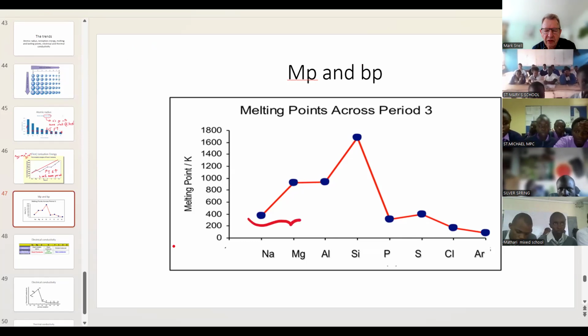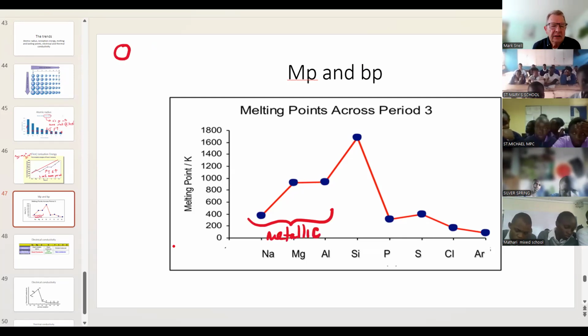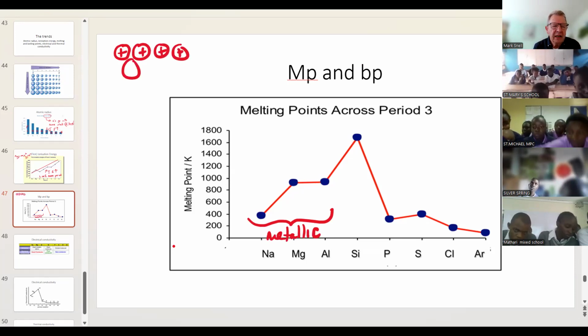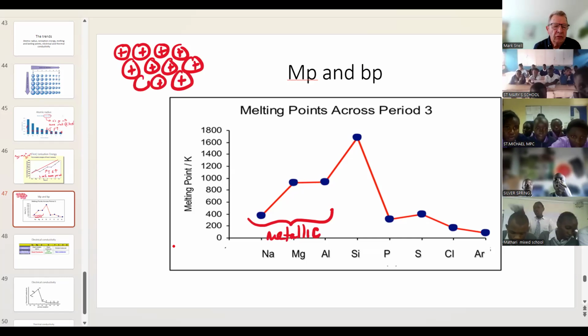So these first 3 here are all metallic. Now, metallic is positive ions, close together, held together by delocalized electrons. I'm sure you know this. Delocalized electrons are floating in between them, so they are around all of them, between them, and so on.